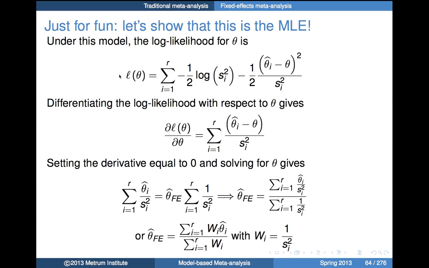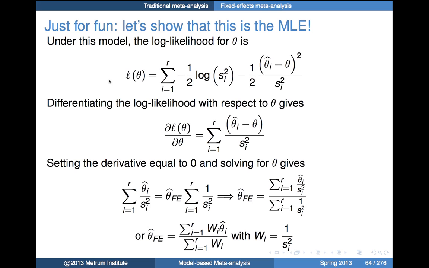To find the maximum likelihood estimator, we need to write out the likelihood, or the log likelihood, as a function of our parameter of interest, theta. Because we have assumed a normal distribution, our likelihood is the likelihood for a normal distribution: the likelihood of our data theta hat i given our parameter theta. In this case, the Si's are also data.